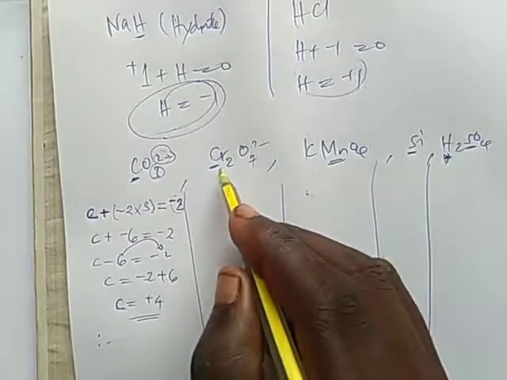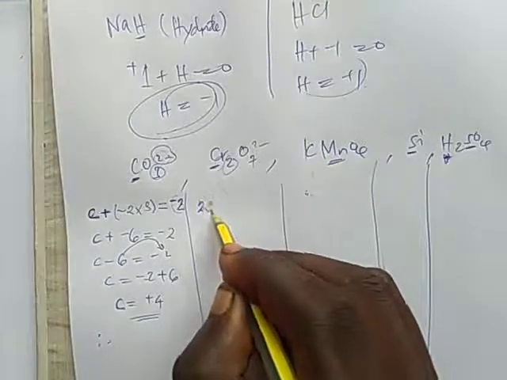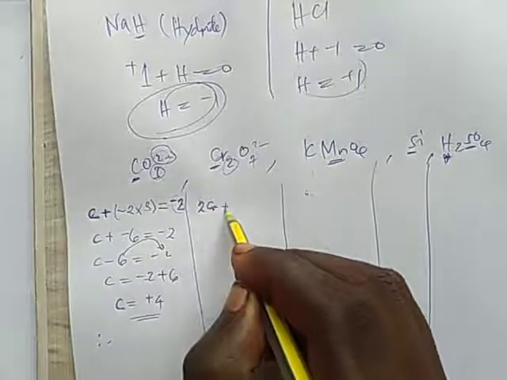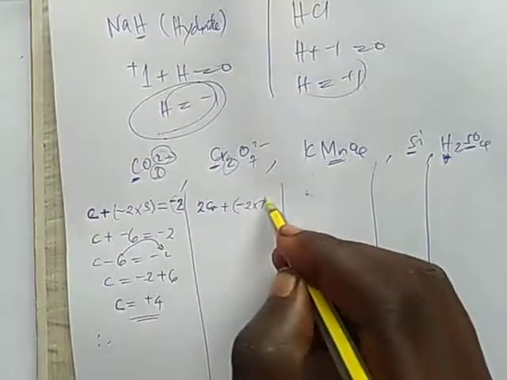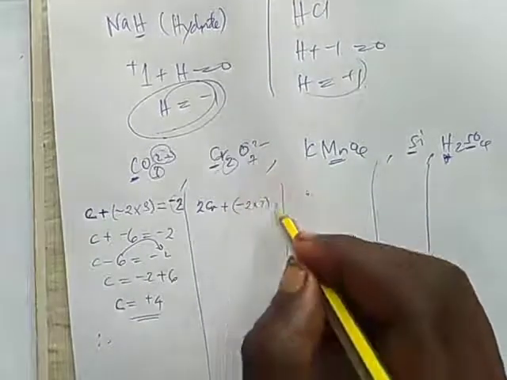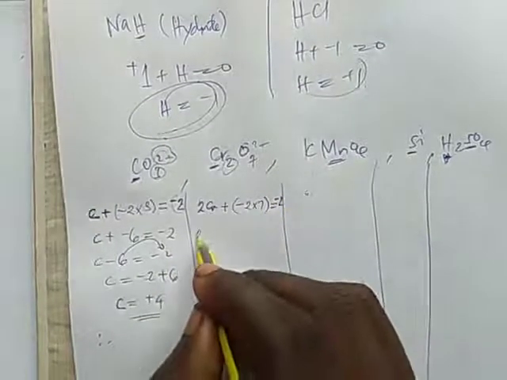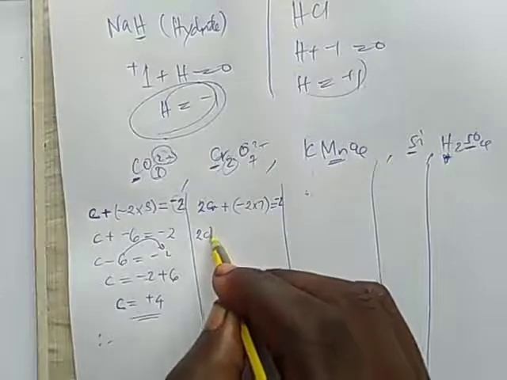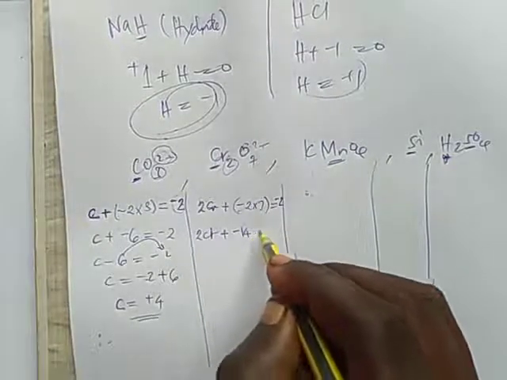From here hapa chromium, lakini chromium hizi hapa ziko 2. So nitaweka 2 chromium Cr, then plus oxygen ni -2 times 7. -2 charge yake ziko 7 ni sawa sawa na pale juu charge yake ni -2. So itakuwa ni 2 chromium then plus hapa itakuwa -14 ni sawa sawa na -2.